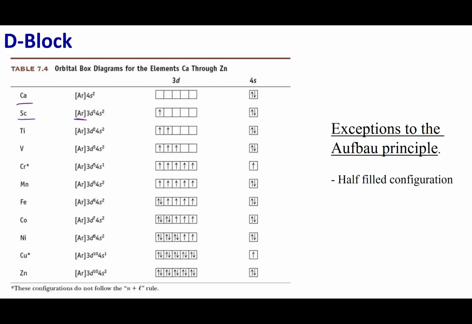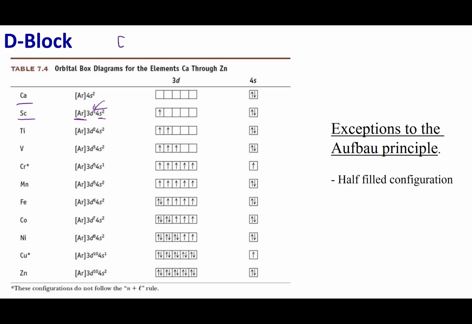The first 2 electrons are going to go into the 4s orbital, and then the third electron is going to go into the next highest orbital, which is 3d. So its electronic configuration is argon 3d1, 4s2.